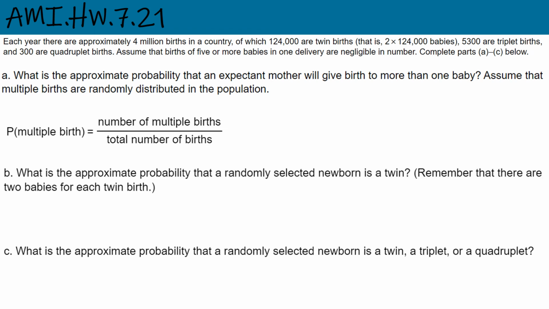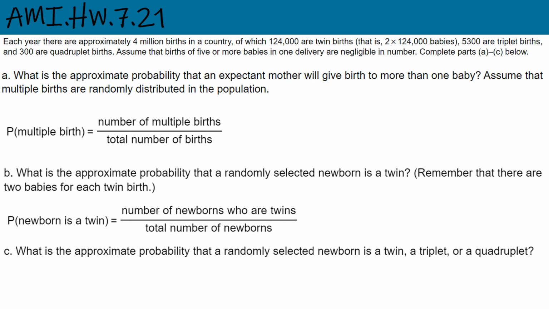The follow-up question I could ask you, though, is instead of talking about the probability of a mother giving birth to multiples, what's the probability that a baby that was born is a twin, is a multiple? In this case, I would put the total number of, not births, but newborns, babies on the bottom. The first question said there are 4 million births, but that doesn't mean there's 4 million babies.